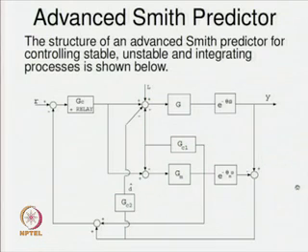Now, the structure has been reproduced once more, where the servo controller or servo tracking controller GC is also connected in parallel with a relay. The main objective of the relay is to identify the dynamics of the real time process.